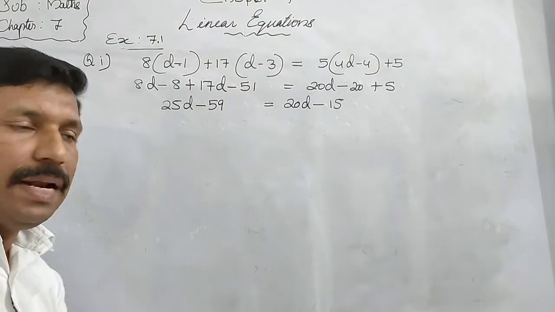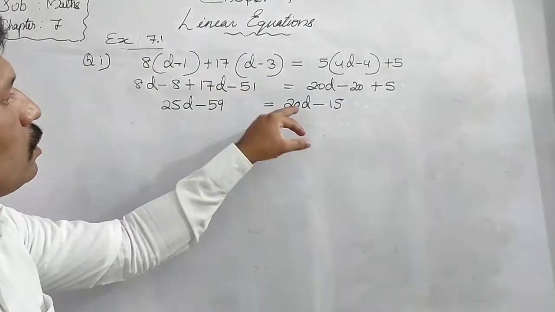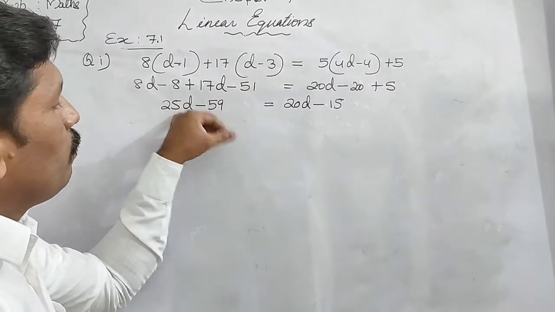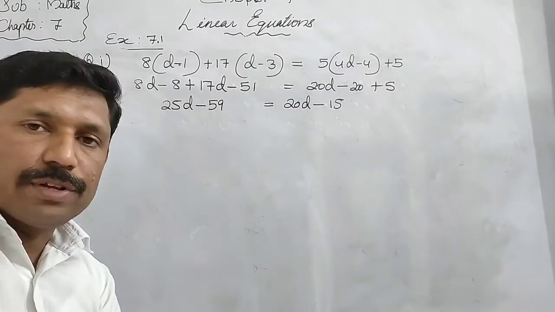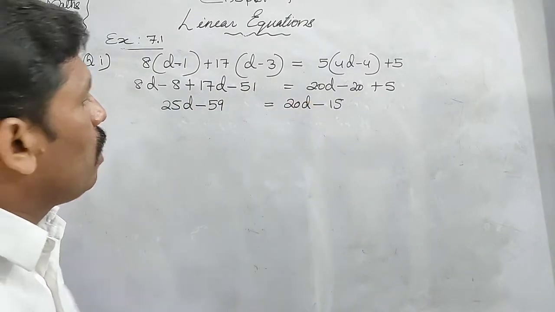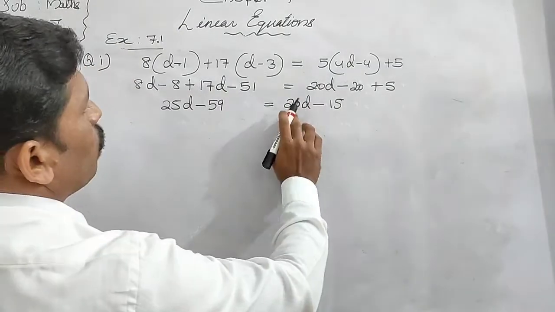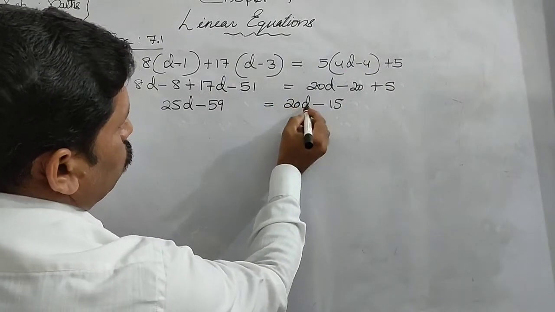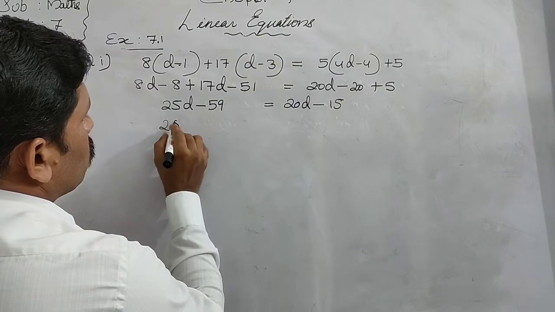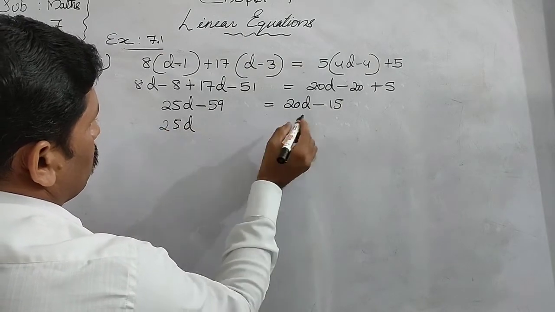Now we can eliminate the numbers. Here 20d and here 25d, both sides d is there. So from this side we have to avoid that 20d. In order to avoid it, we have to minus, because here it is plus 20d. So here also we want to do the same function.